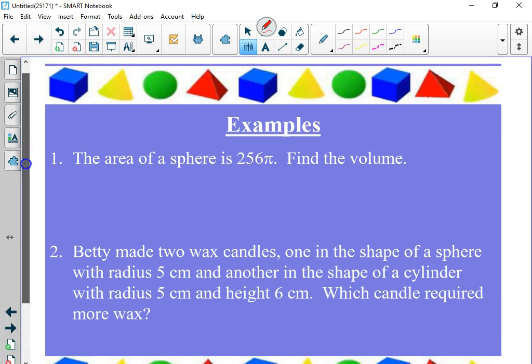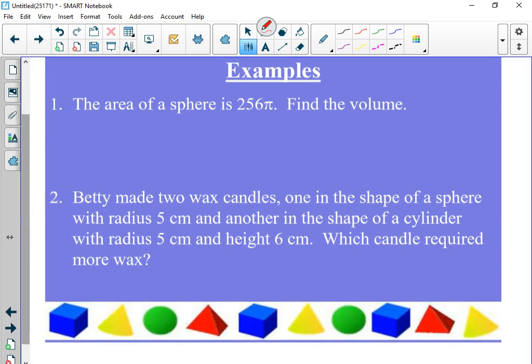Okay, 2 more and we are finished. The area of a sphere is 256 pi. Find the volume. So we need to find the radius to find the volume. So again, we know the surface area is 256 pi. And that's equal to 4 pi r squared. Now we don't turn pi into 3.14 because we're just going to divide by it and get rid of it.